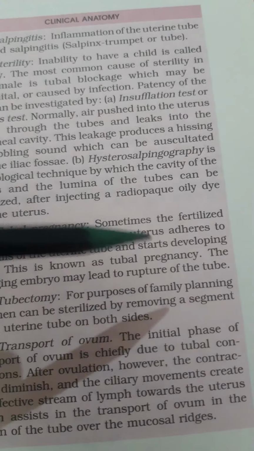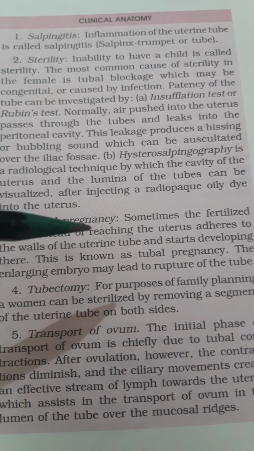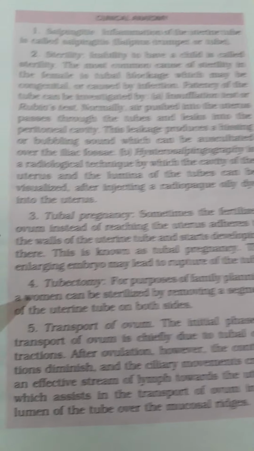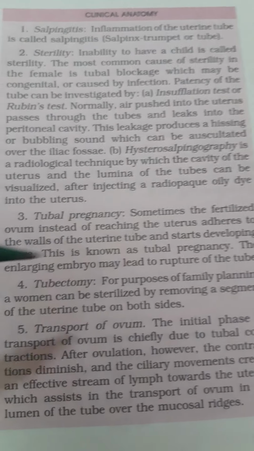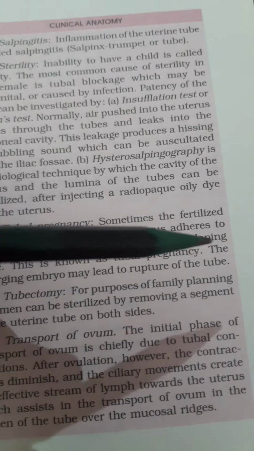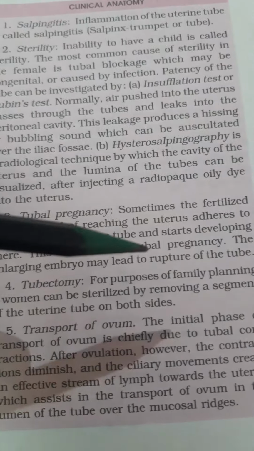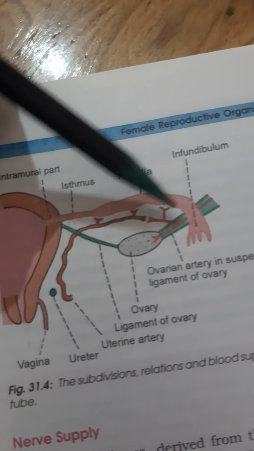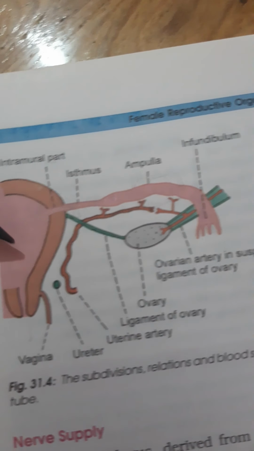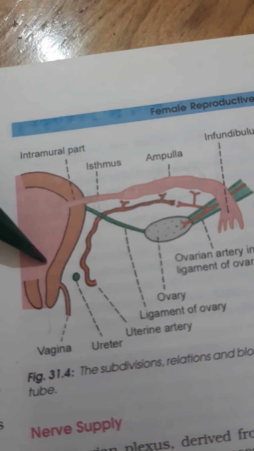Tubal pregnancy: sometimes the fertilized ovum, instead of reaching the uterus, adheres to the walls of the uterine tube and starts developing there. This is known as tubal pregnancy. The enlarged embryo may lead to rupture of the tube. As I told you before, fertilization takes place in this area, and by peristalsis the ovum reaches the uterus, where implantation occurs.